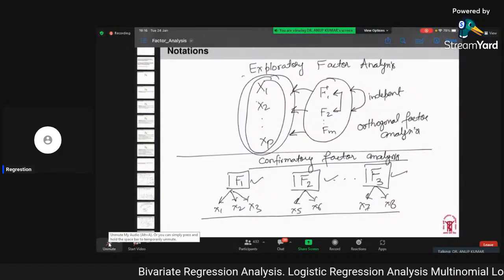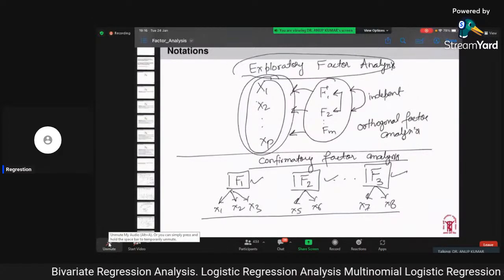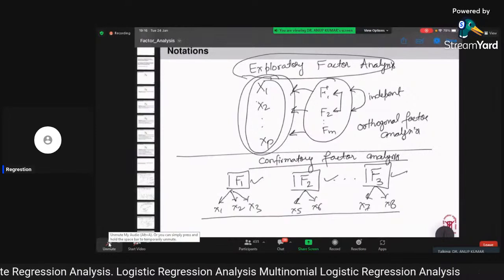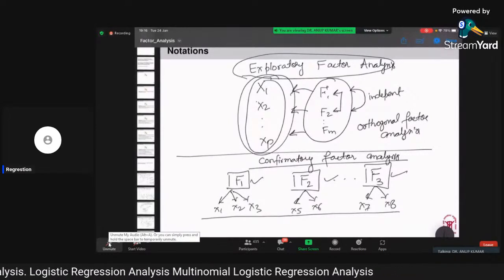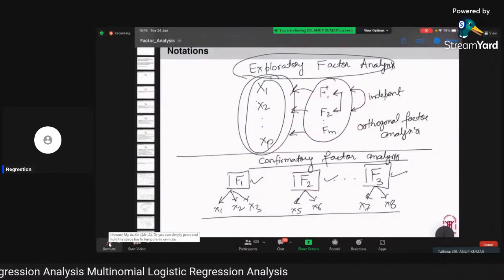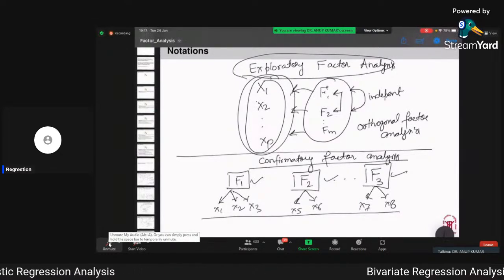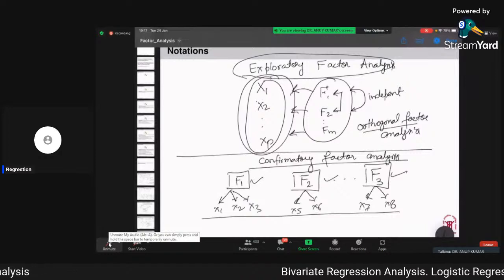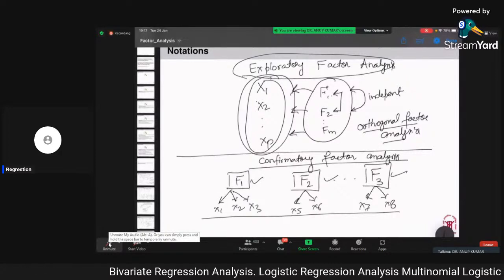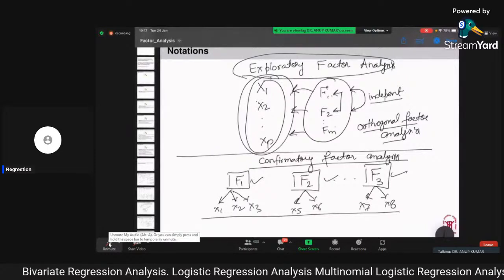Today we will be focusing on exploratory factor analysis. Exploratory factor analysis is also termed orthogonal factor analysis, because in this case we say that F1, F2, Fm are independent.